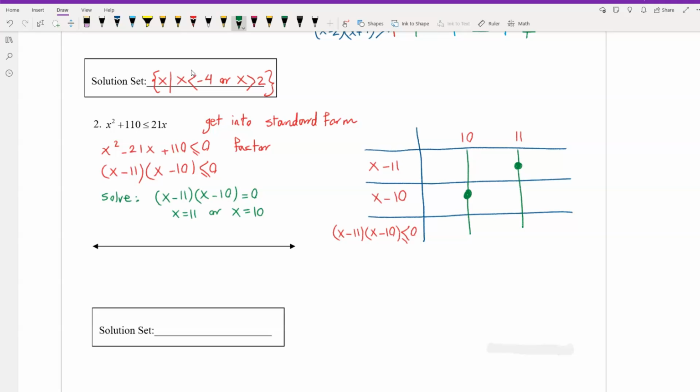So here we're going to have 0 minus 11, negative, then between 10, 11, 10.5 minus 11 is negative, greater than 11, any number, for example, 13, 13 minus 11, that is positive. Then here on this part, 0 minus 10 is negative, 10.5 minus 10 is positive, 13 minus 10 is positive.